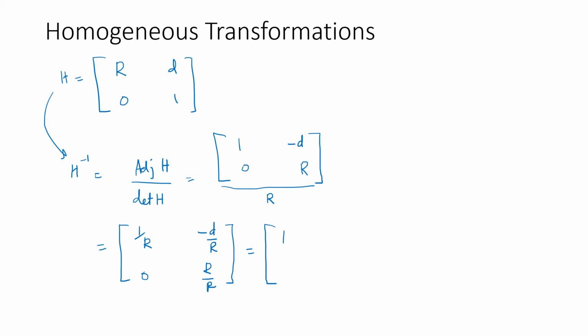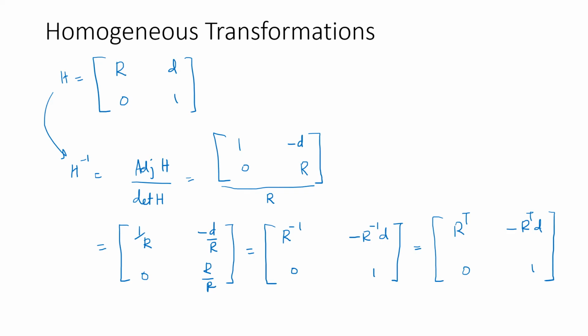So if I take one step more, like R inverse, then you have minus R inverse d, then you have 0, then you have obviously the identity matrix over here, and that is going to give you R transpose, minus R transpose d, then you have 0 and you have 1 over here.